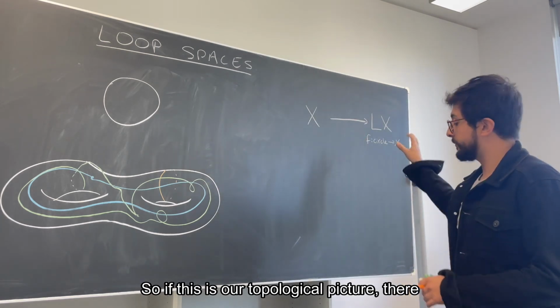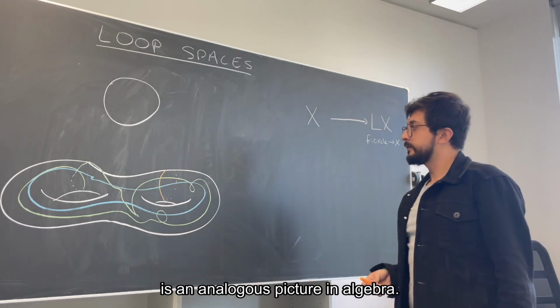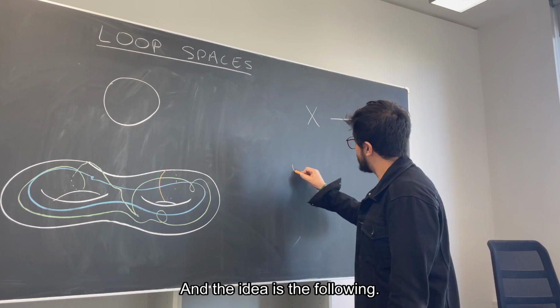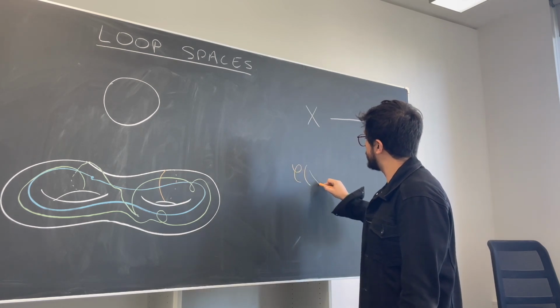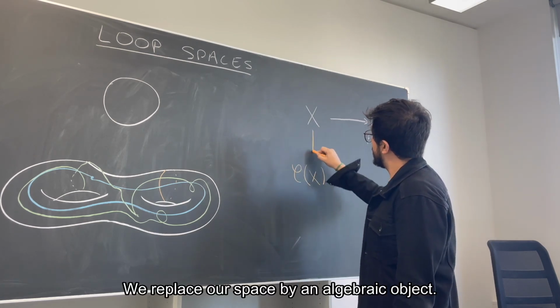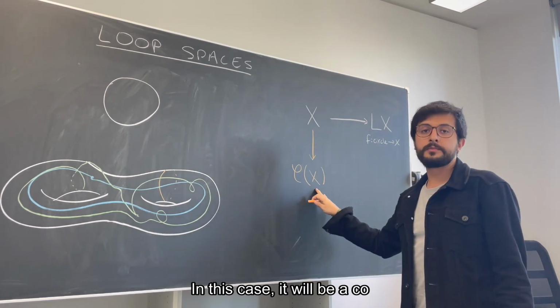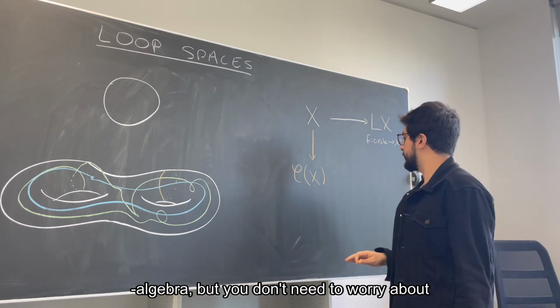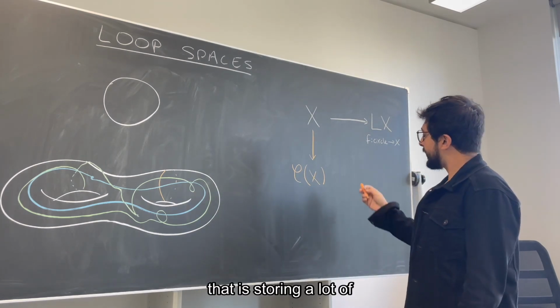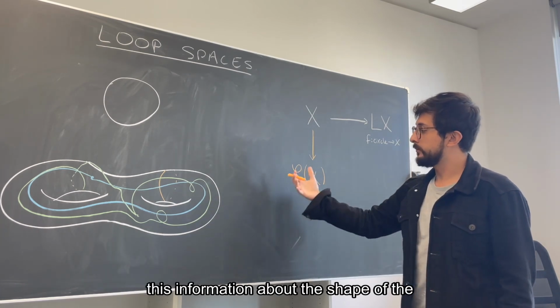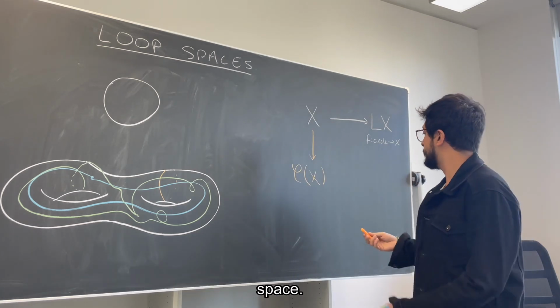So if this is our topological picture, there is an analogous picture in algebra. And the idea is the following. We replace our space by an algebraic object. In this case, it'll be a coalgebra, but you don't need to worry about that. That is storing a lot of this information about the shape of that space.